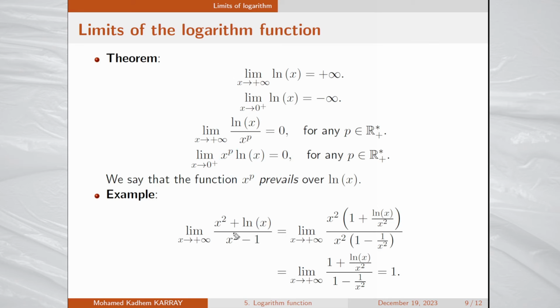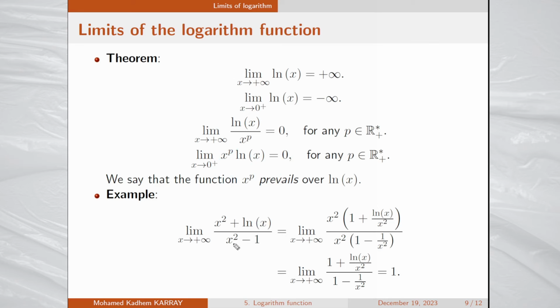Let's apply this property in this example. Assume that we have to calculate this limit here. Observe firstly that it is an indeterminate form, since the numerator goes to plus infinity and the denominator also goes to plus infinity. In order to remove this indeterminacy, the idea is to factorize with the strongest term, which is x squared.